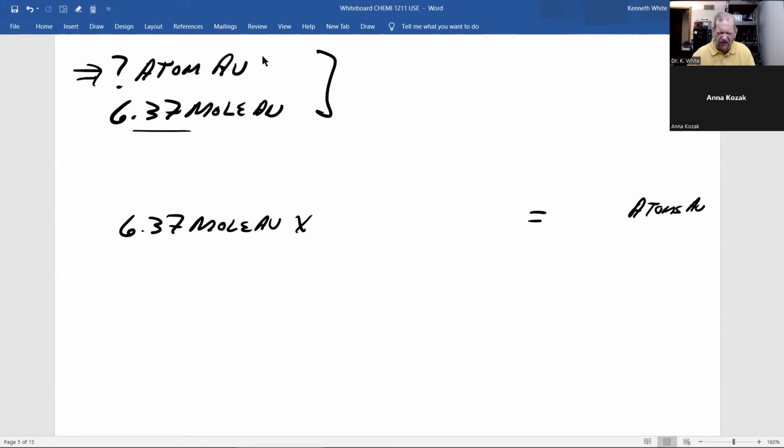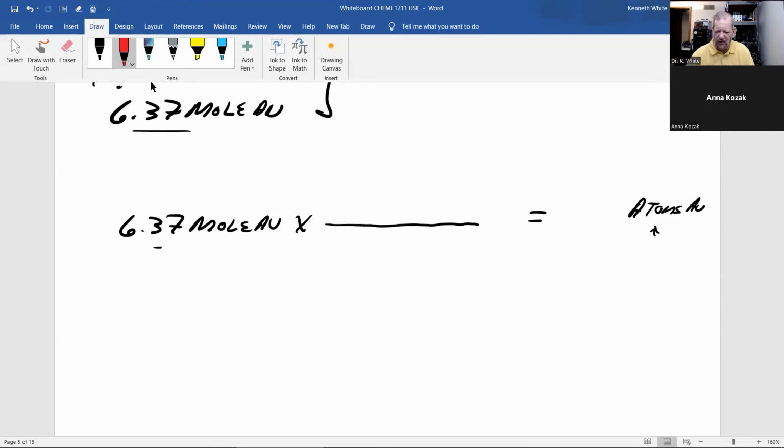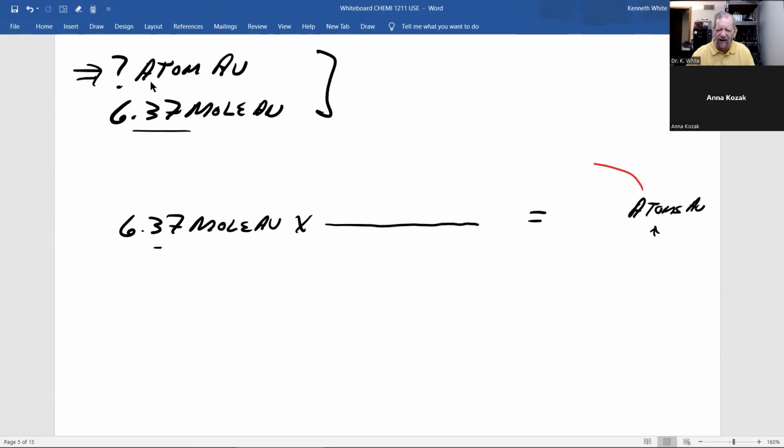I think you heard the whistle enough. And if I had a ratio to multiply this number to convert it to my answer, what would that ratio be? And this is where you use unit analysis. Whatever I'm trying to get to goes on top.